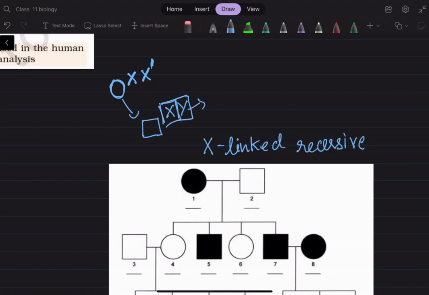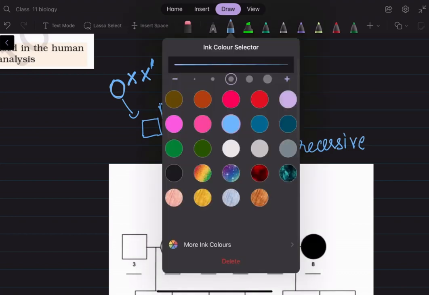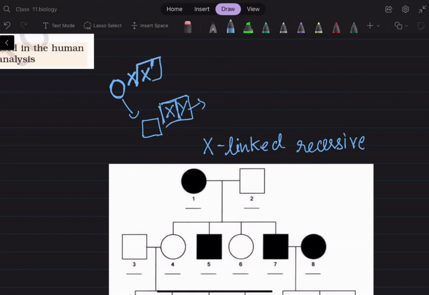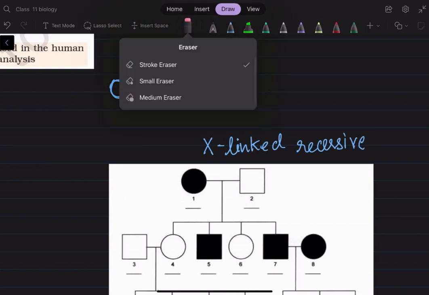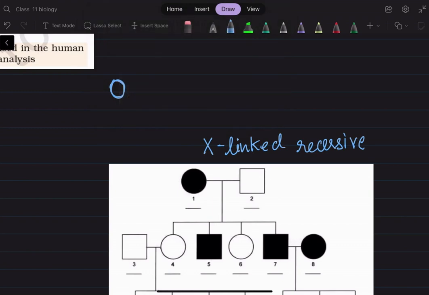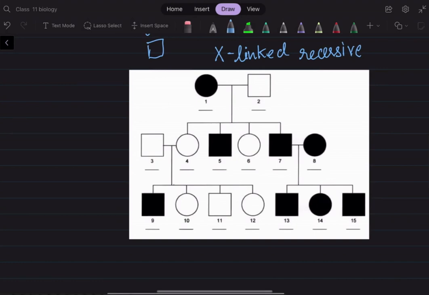So when the mother is affected with a defective gene, there is always a chance of this defective gene moving into the sons. That is why in X-linked, we usually see the disease or the trait being transferred from the mother to the son.